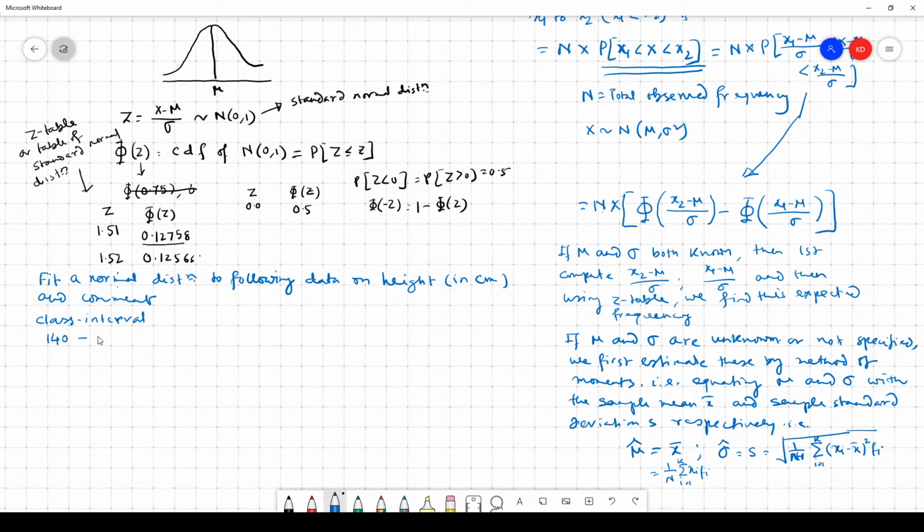This is the lower limit. This is the upper limit of the first class. This is for the second class.